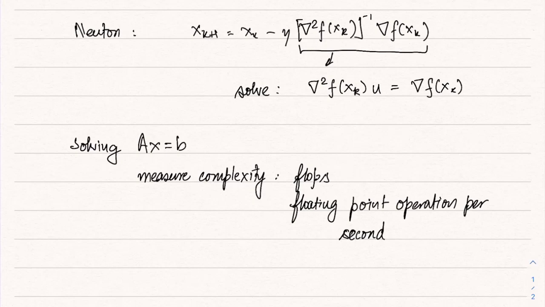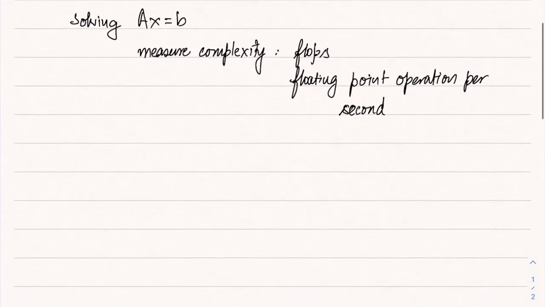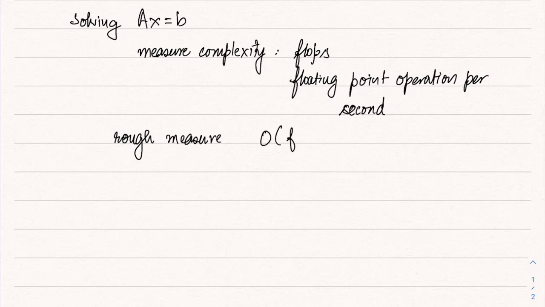How many floating point operations are actually required to do a certain operation? And if we can figure out for an algorithm or an operation a rough measure, say, n flops, then we can say order of flops of n.